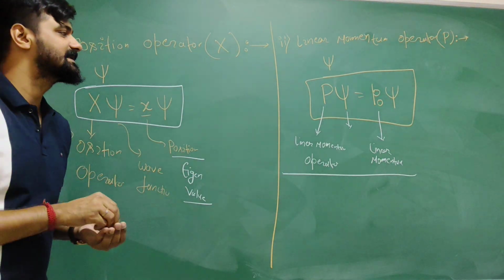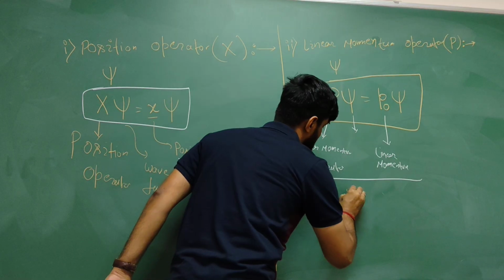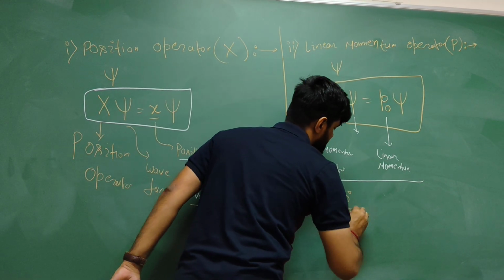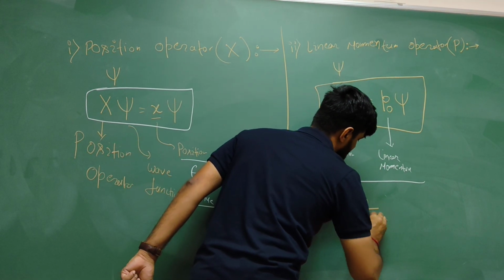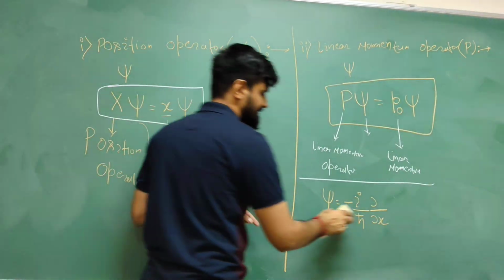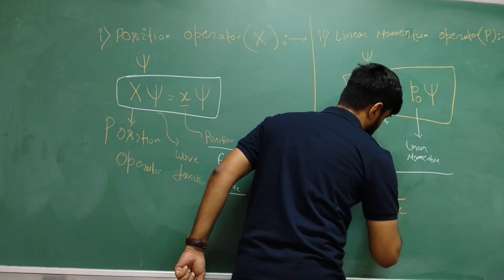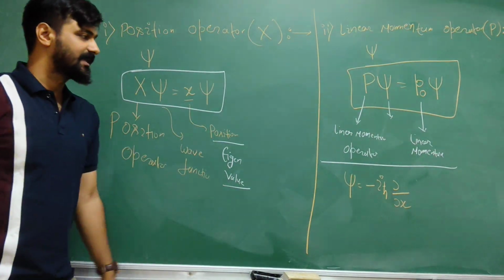So if you see the linear momentum operator, that is equal to minus iħ ∂/∂x.